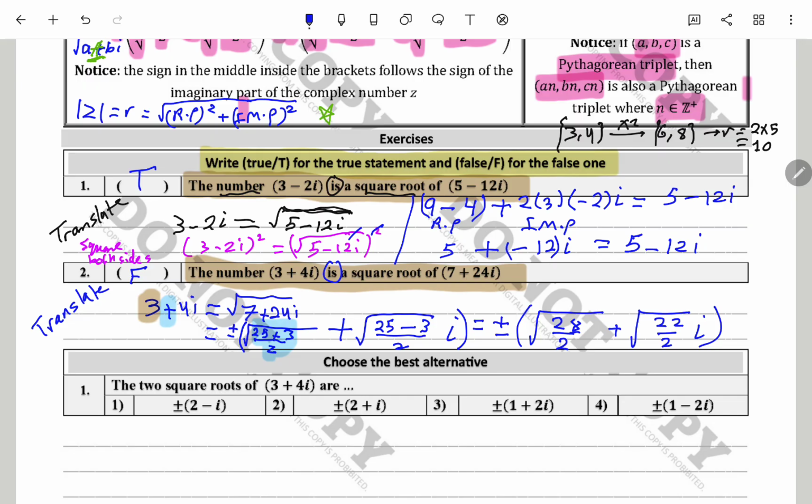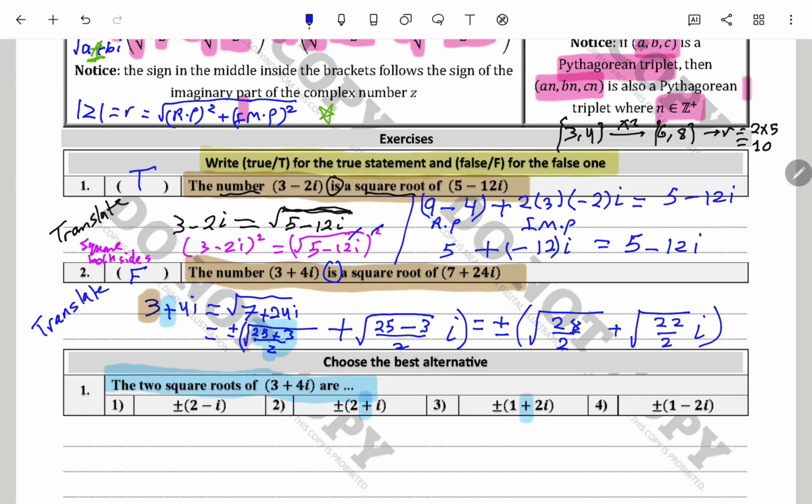Now let's choose the best alternative, and that will be easy with the first question. The two square roots of 3 plus 4i are. If you want to choose the correct answer by squaring each of the alternatives, you can, but be sure to square only the one which has positive in the middle.